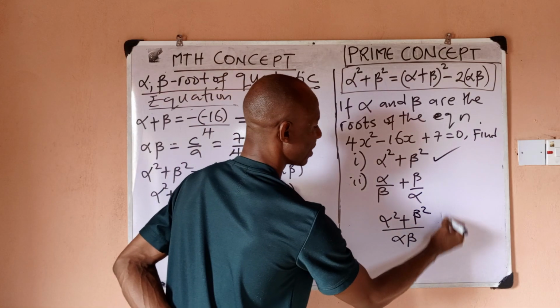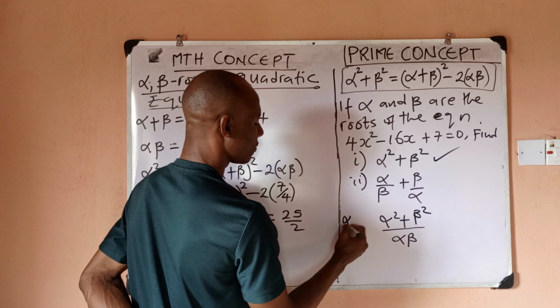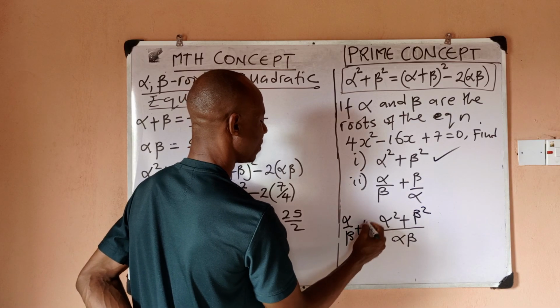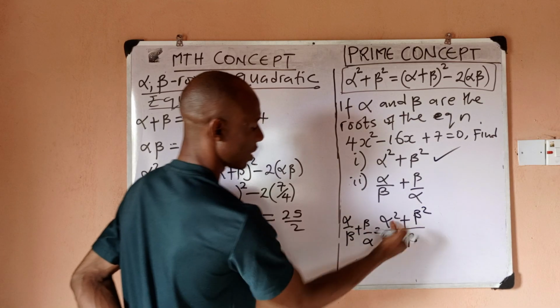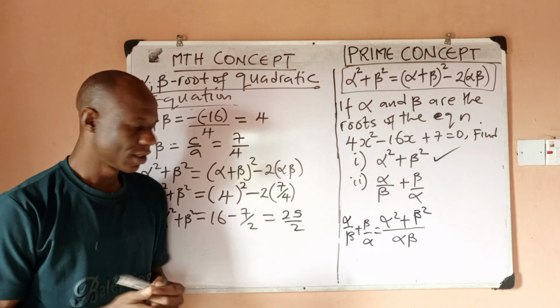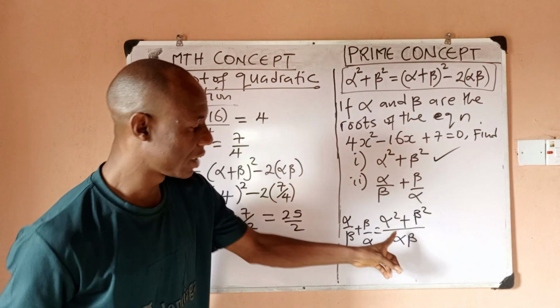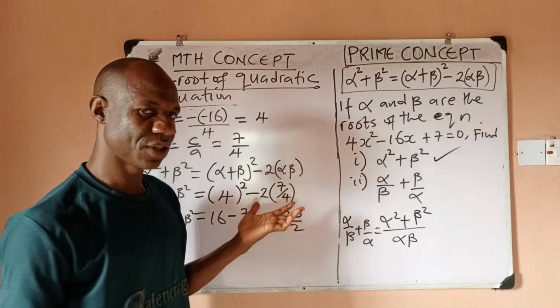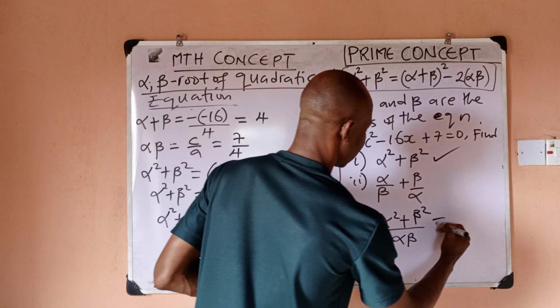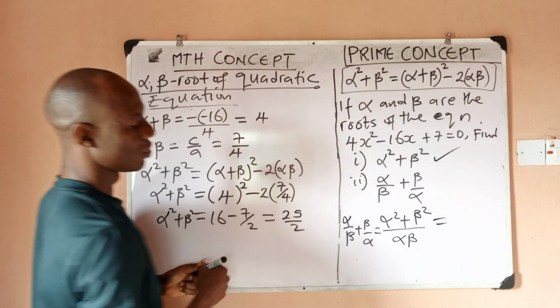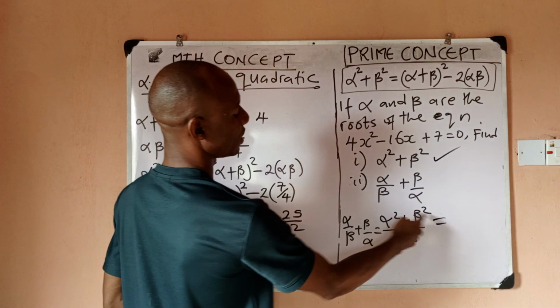So it means that alpha over beta plus beta over alpha is actually equal to this. That's what it means. So it means that for me to find this, I need to find this. Very simple.